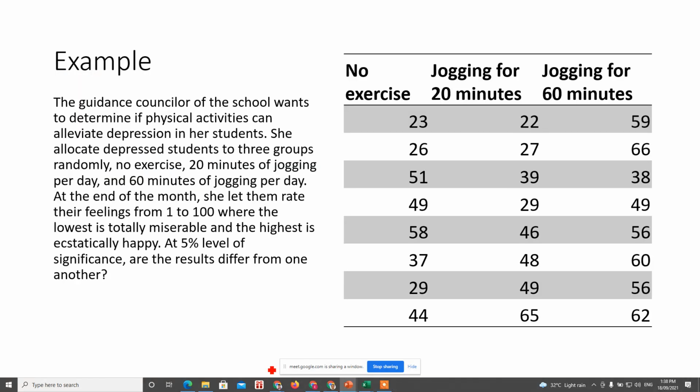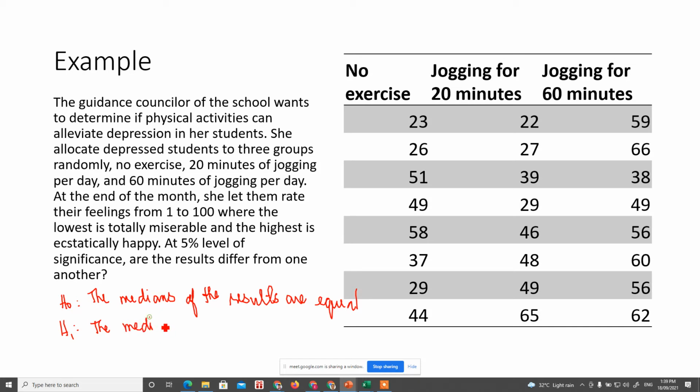So in this case, our null hypothesis is that the medians of the results are equal, and for our alternative hypothesis, the medians of the results are not equal.